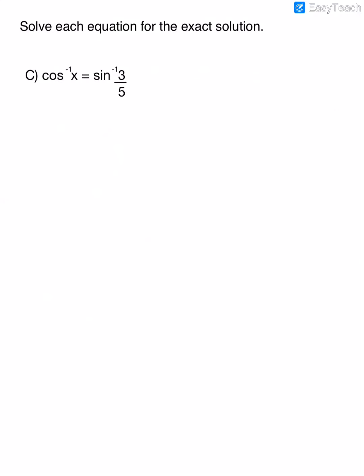Okay, we have one more. This is cosine inverse of x is equal to sine inverse of 3/5. Okay, so first we need to get the x by itself. You might not be sure about which trig function to take, but since we're trying to get the x by itself, we're going to get rid of that cosine inverse, so I'm going to take the cosine of both sides.